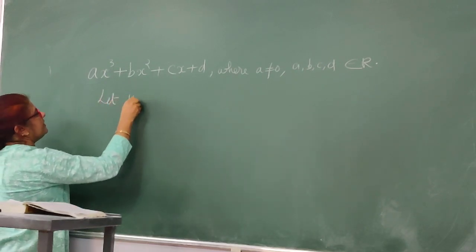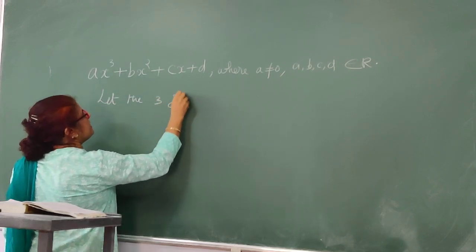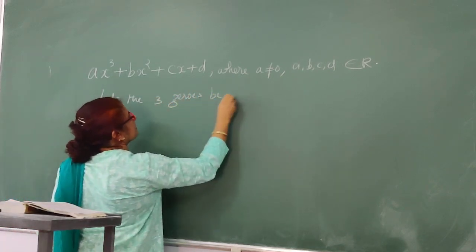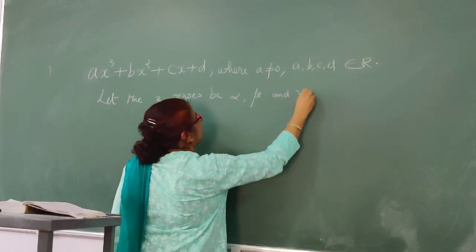Then let the 3 zeros be alpha, beta and gamma.